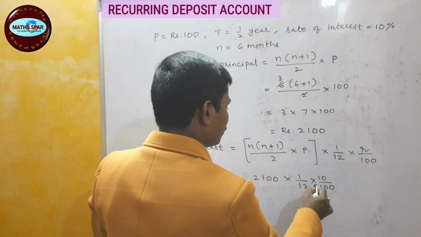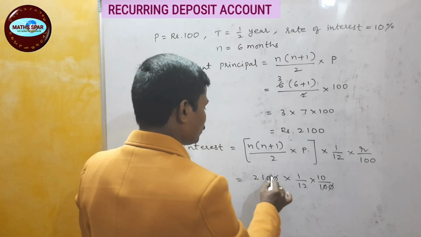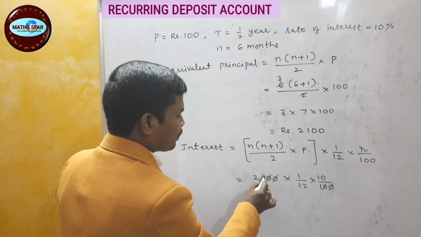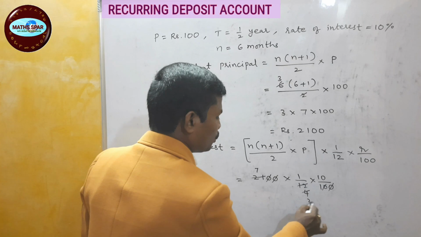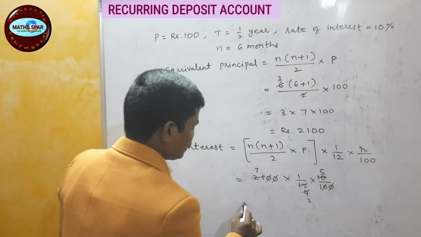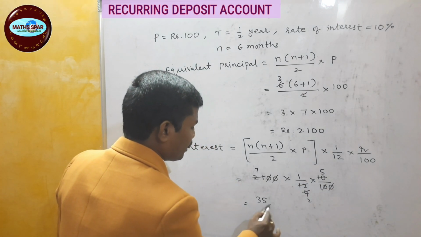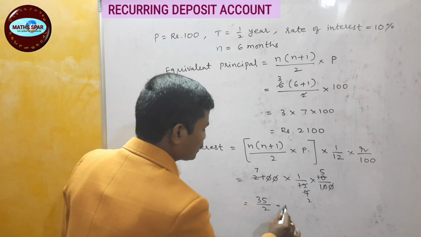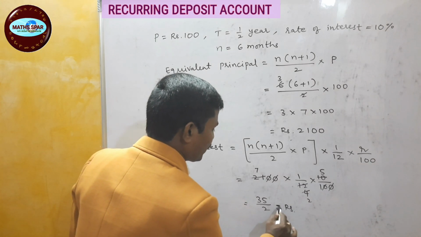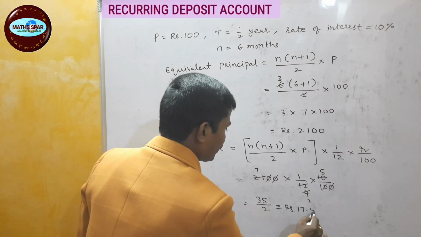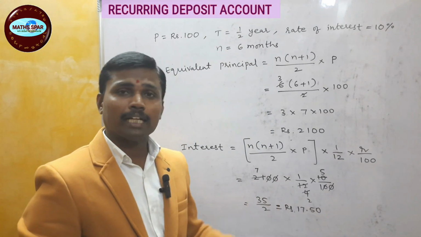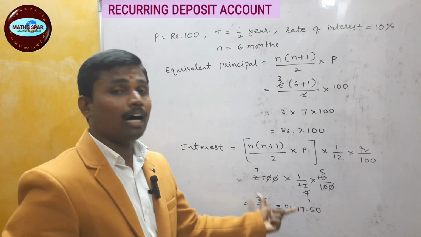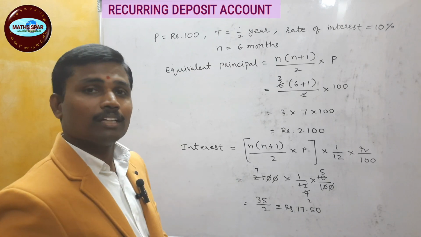So now 0 0 0 0 will get cancelled. 3 sevens, 3 fours, 2 twos, 2 fives. So here it is 35 by 2, which is 17 rupees 50 paise. So this is the interest.